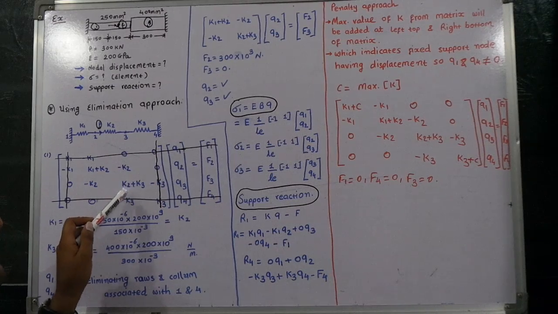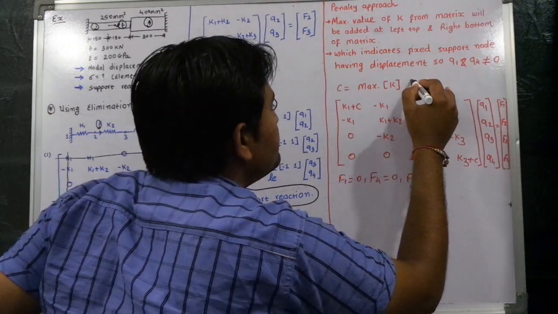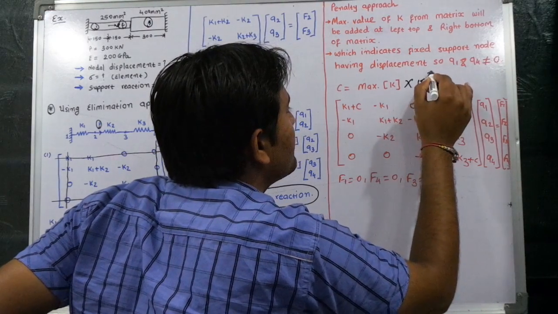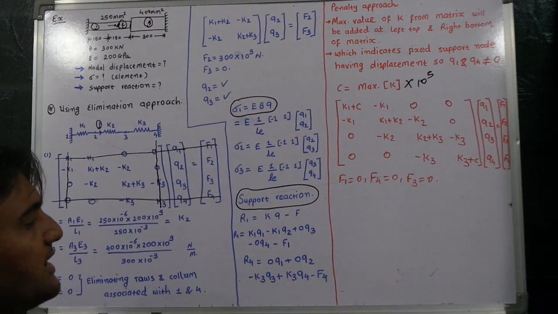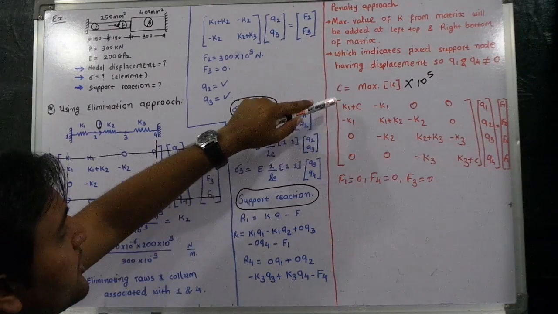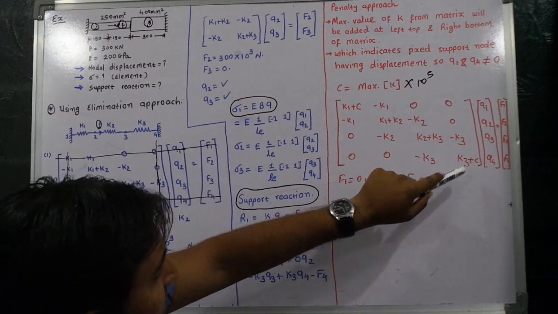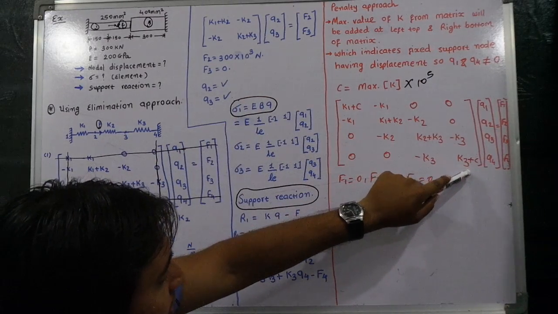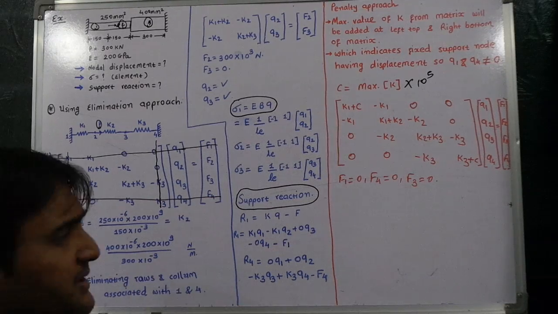This 6 will be multiplied with 10 raised to 5 in the penalty approach, and that will be added at the topmost left-hand corner and the lower right-hand bottom corner of the stiffness matrix. Other things remain the same.